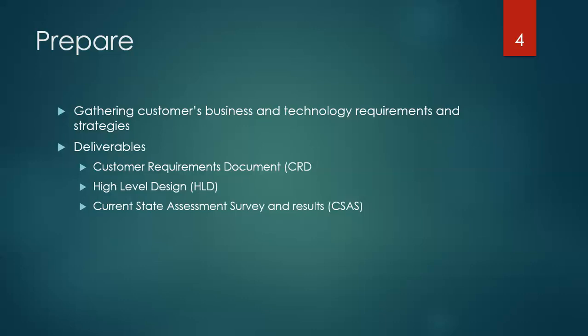And in the current state assessment survey and results, a solid understanding of how the core operational processes are actually functioning within the business will be mentioned. So we gather all of the required information from the customer perspective in this stage.